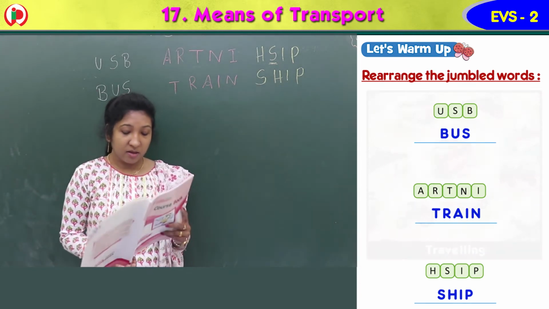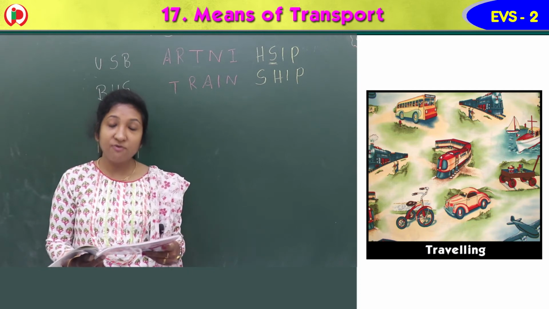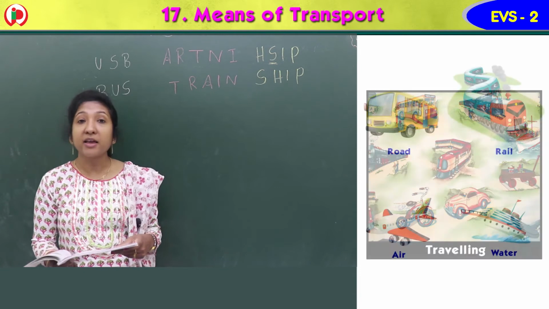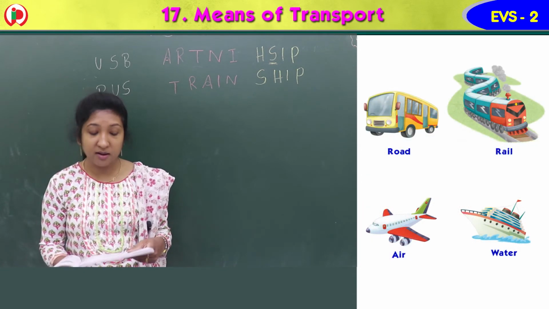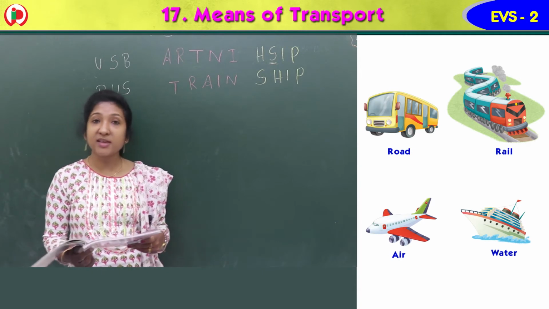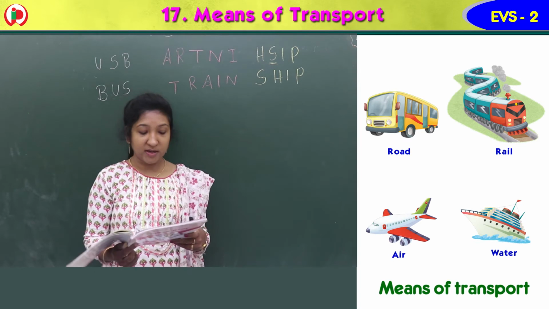Okay. We travel from one place to another and we use different vehicles to travel by road, rail, air and water. These vehicles are called means of transport.